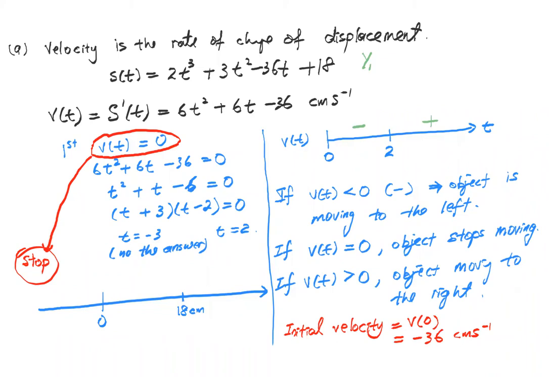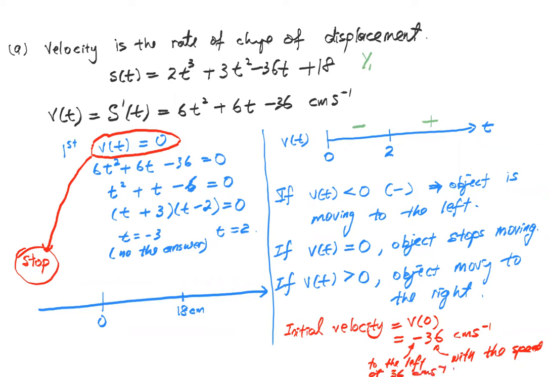The particle is moving to the left with the speed of 36 cm per second. The word left is represented by the sign negative. To the left with the speed of 36 cm per second.